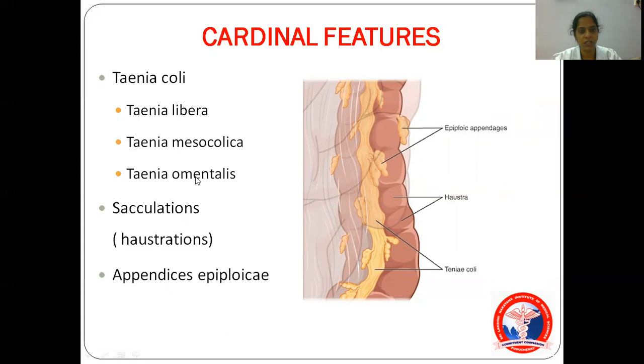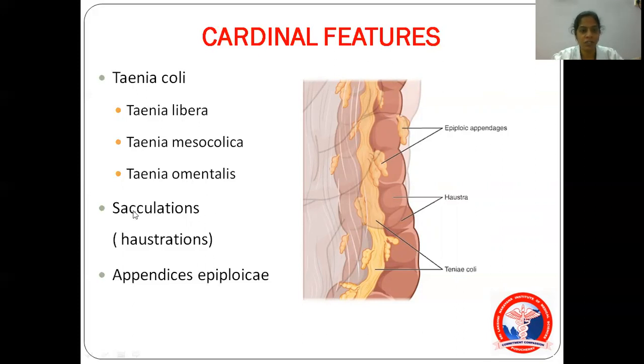Posteriorly, you can see the tinea omentalis, and medially, the tinea mesocolica. These are the three bands seen over the large intestine. All three bands end in the cecum, at the particular part where you can see the appendix.